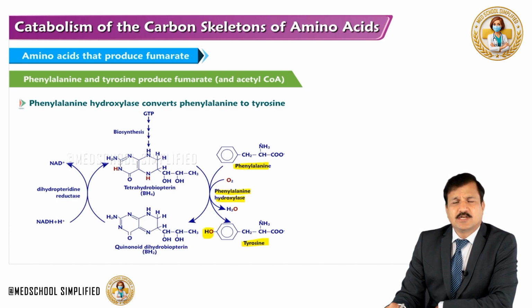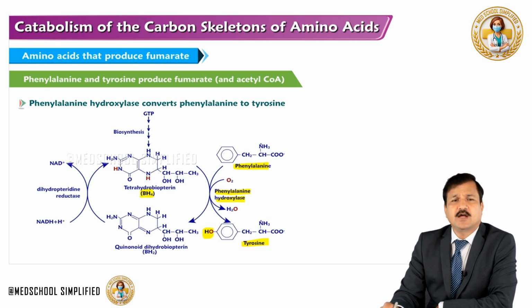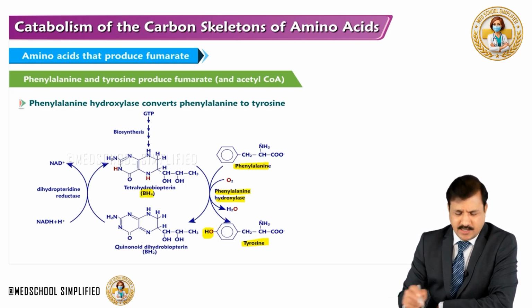Now, in order to do this, the phenylalanine hydroxylase enzyme needs a coenzyme called tetrahydrobiopterin, which is shown here. I am highlighting that.